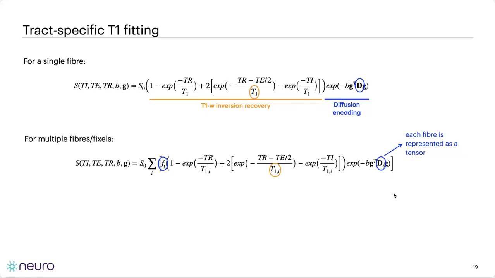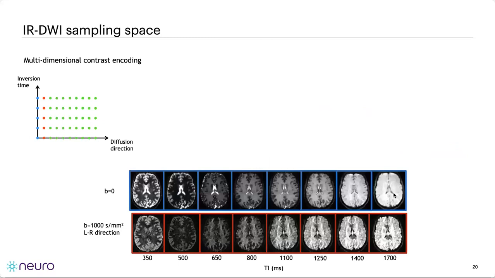And then you'll have one T1 per fiber and one diffusivity per fiber. So that's all we're doing. Sounds simple. You can effectively fit the whole diffusion part using a multi-shell diffusion experiment, but you need the inversion recovery part to get those fiber-specific T1s.